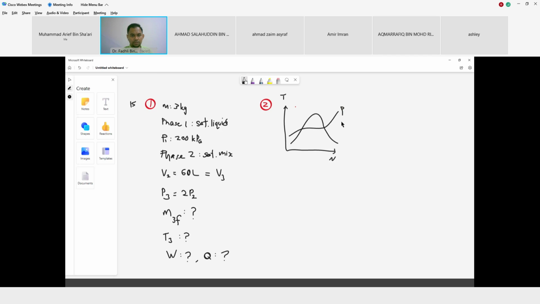And step number 3, transfer all the information given in step number 1 into our diagram. So pressure 1 equal to 100 kilopascal.